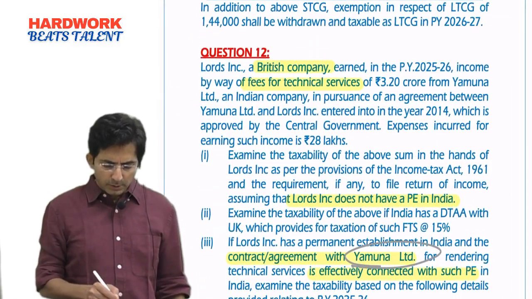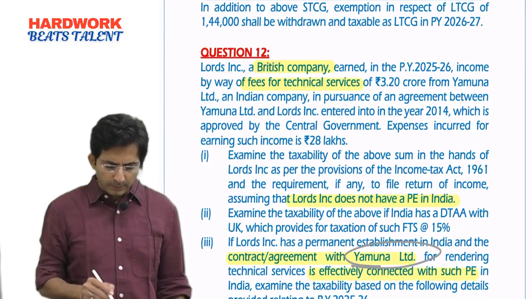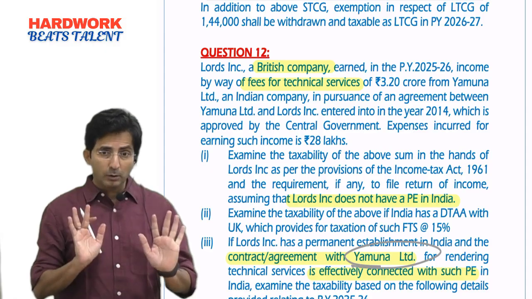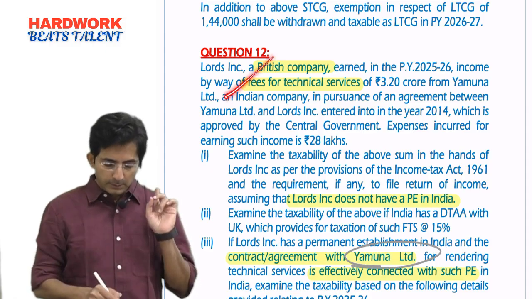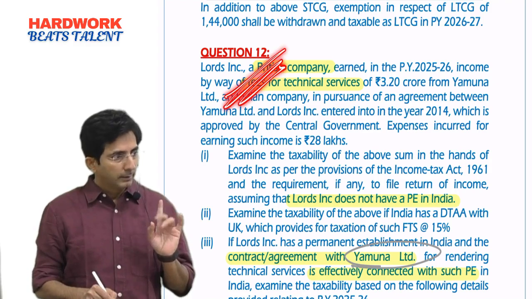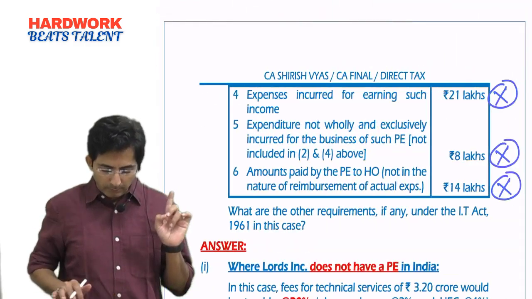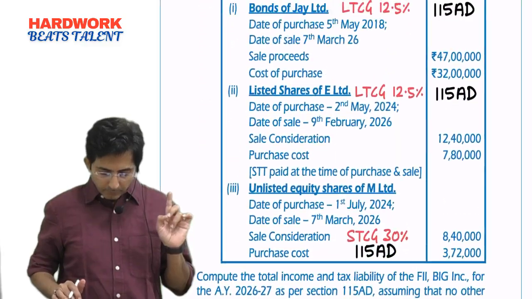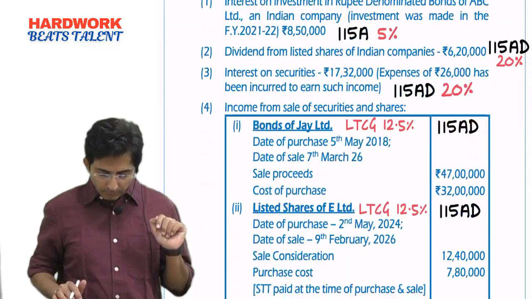See, one more question I wanted to give for homework, but I'll do one thing. First make sure you revise whatever I taught till now very thoroughly, because this is a little advanced question. See, in my book, question number 12, then 13. Okay, 13th I can give as homework.